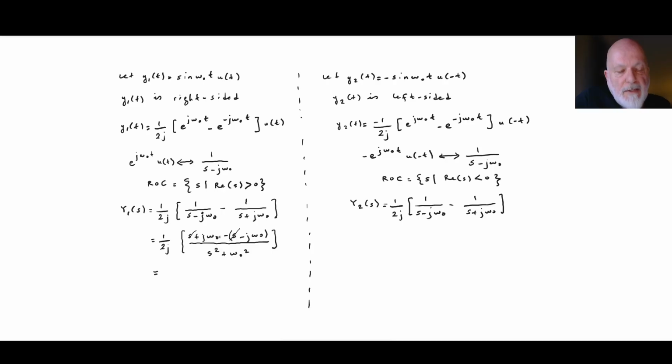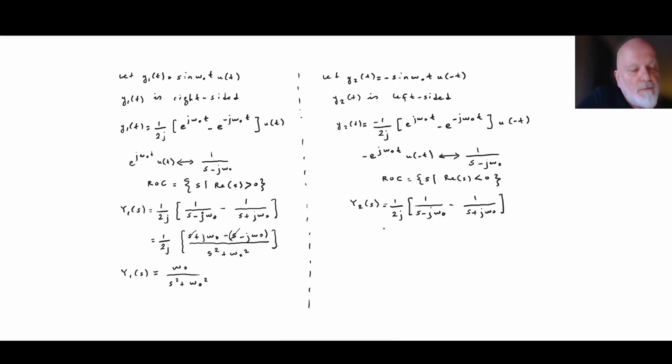We have j omega 0 plus j omega 0, so we have 2j omega 0. So we have omega 0 divided by s squared plus omega 0 squared as the expression for y1 of s.